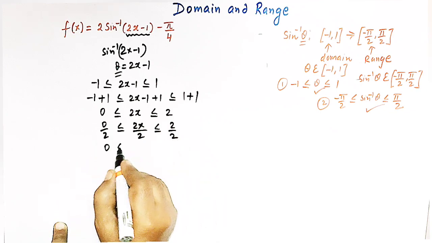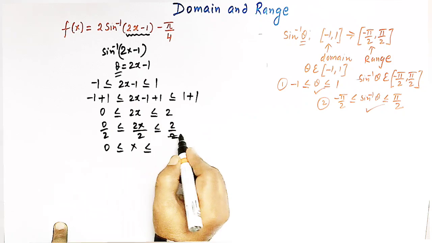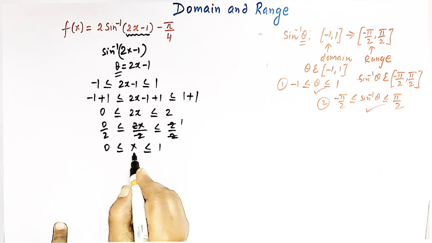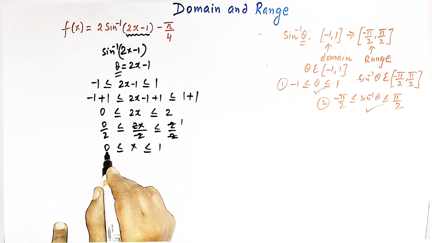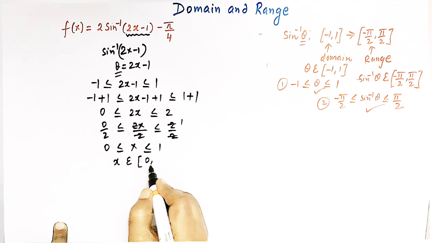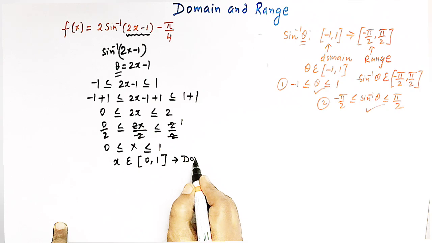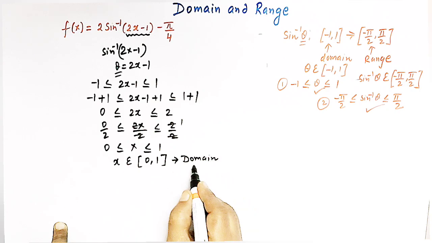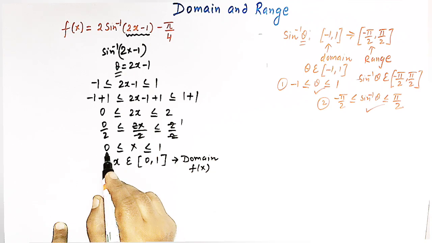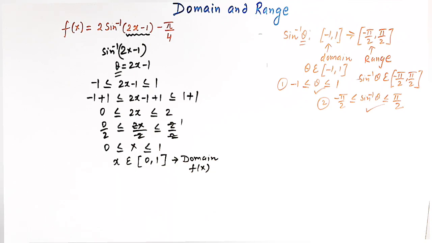So this is 0, and here 2 and 2 get cancelled, so we have x, and here we have 1, right? So the values of x lie in the closed interval 0 comma 1. So this is the domain of this function f of x, that is x lies between 0 and 1, including 0 and 1.